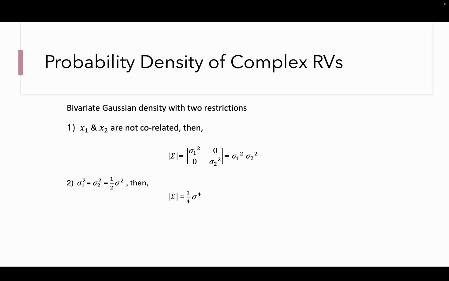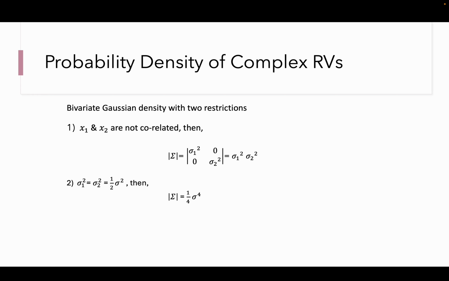Now the second restriction: we assume sigma 1 square and sigma 2 square are equal, and each equals half of sigma square. We already saw on the previous screen that sigma square is the summation of sigma 1 square plus sigma 2 square.